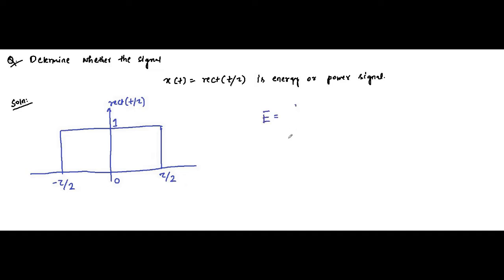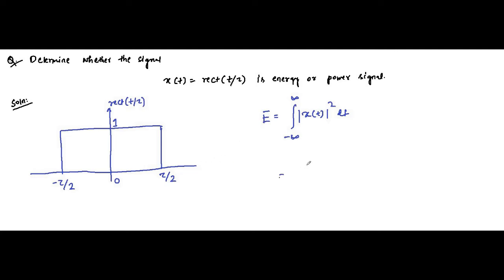Energy of the signal is the integral from minus infinity to infinity of x(t) squared dt. Here we have to change the limits of integration because the signal exists only in between minus tau by 2 to tau by 2. Everywhere else it is 0.